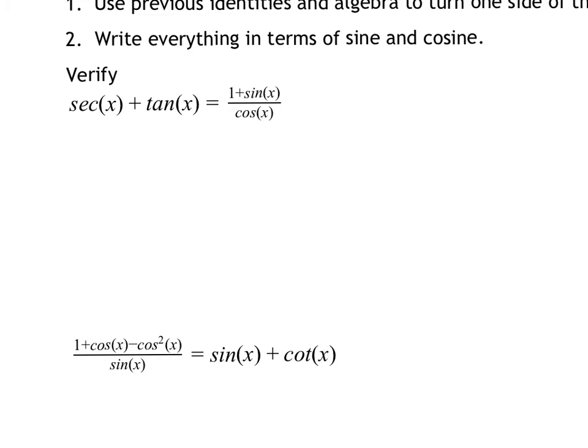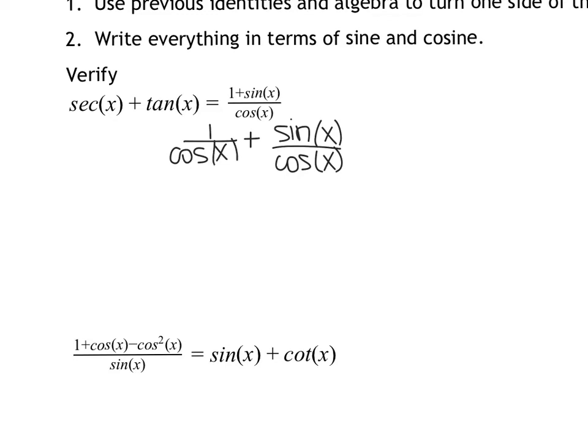So we want to verify that 1 plus sine of x over cosine x simplifies to secant x plus tangent x. The first thing I'm going to do is take 1 plus sine of x over cosine of x and split that numerator into two fractions. So we get 1 over cosine of x plus sine of x over cosine of x.